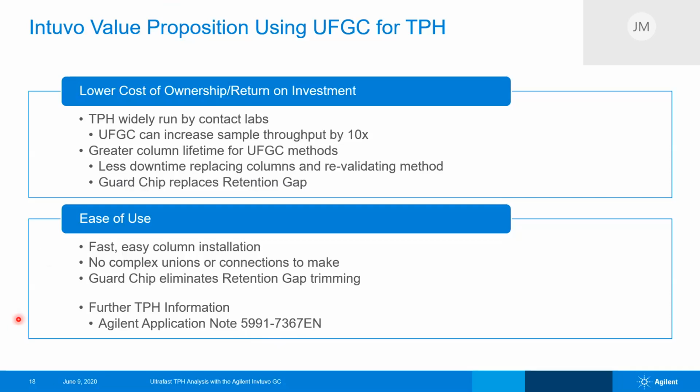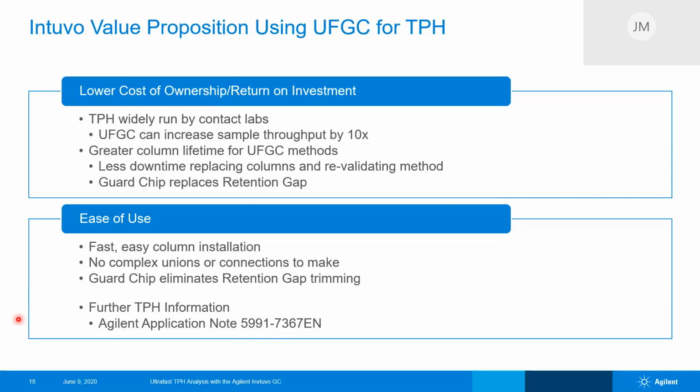And so you really would never be able to build up the hydrogen to the level where it would reach the lower explosive limit. In addition to that, Intuvo has, I think, 4 or 5 internal fans that are constantly moving air through the Intuvo. And so there isn't really any way that hydrogen could be built up.